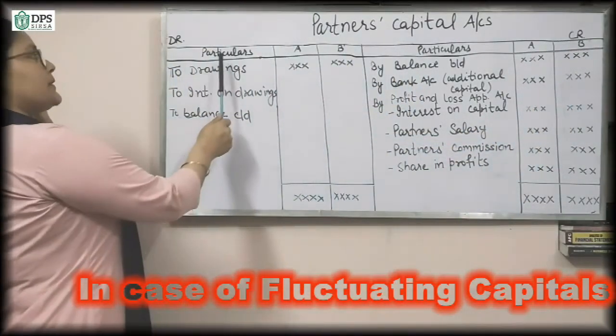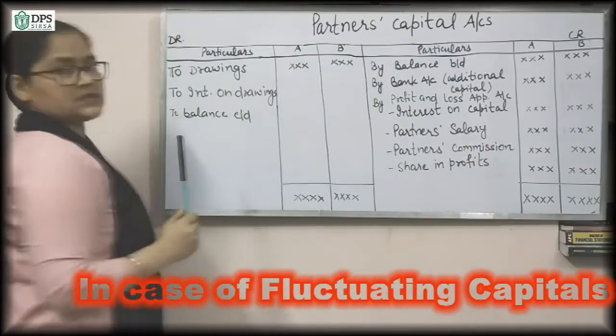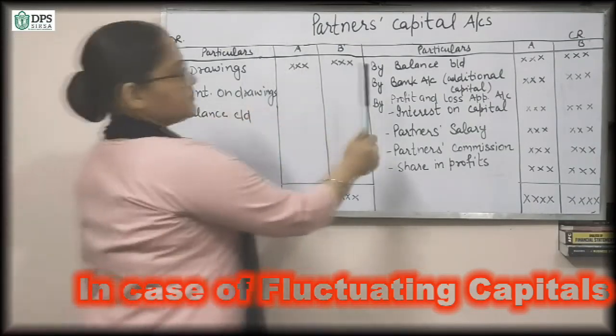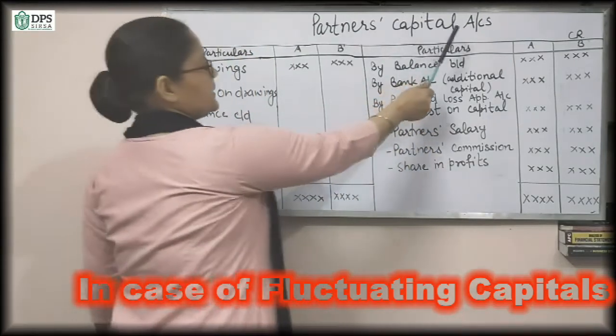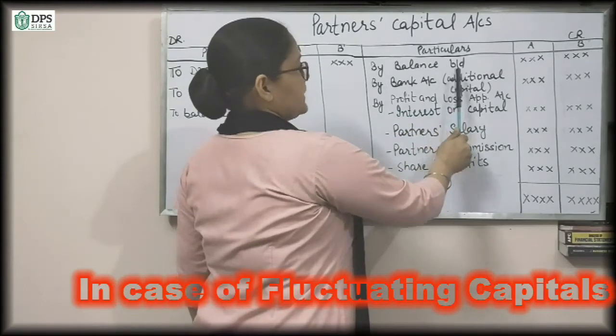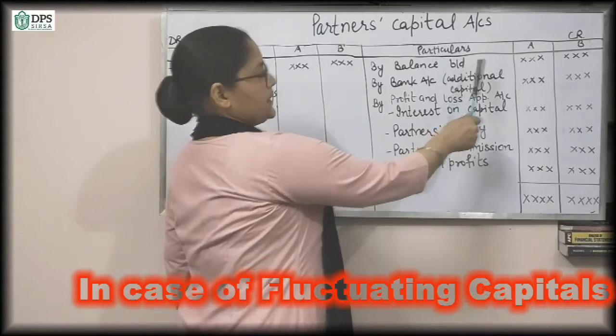Here we will write particulars, and on this side we will write particulars, just like an account. First we will start from here. Firstly, the partners' capital account starts with partners' capital, and the opening balance will be a credit balance.